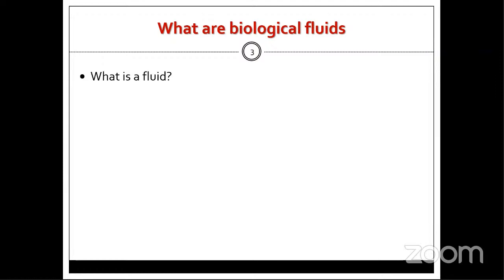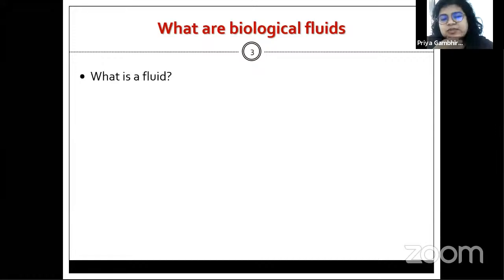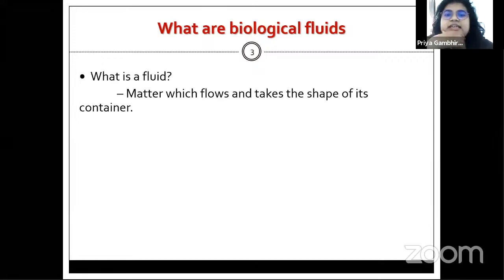Any substance which has the flowing property. Sure. So liquids especially are kinds of fluids that flow. We can say matter which flows and also takes the shape of its container, so a liquid and a gas usually. We will mostly look at biological liquids, but usually even gases come under it.